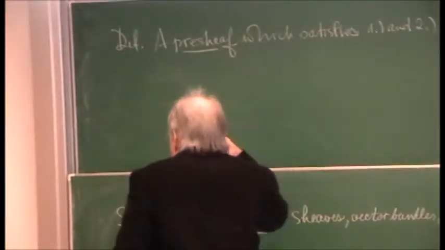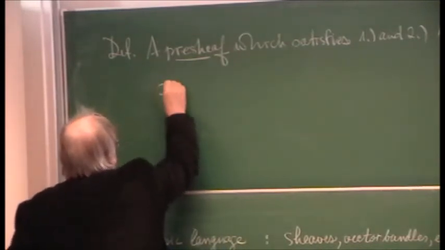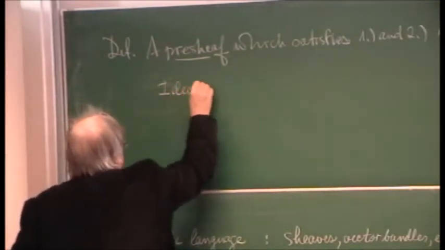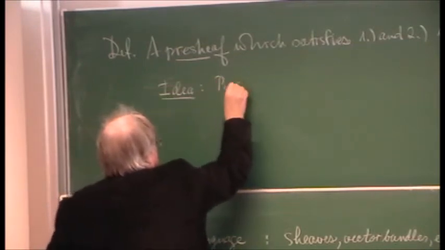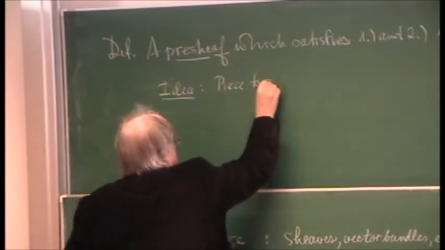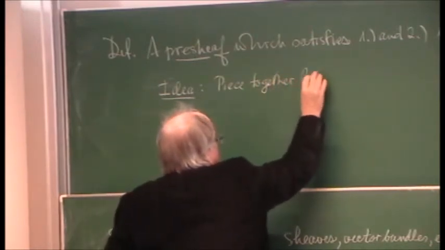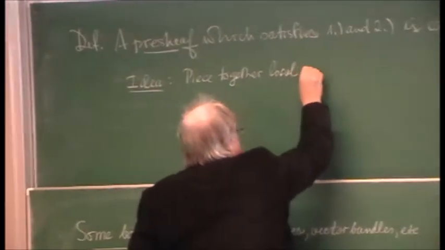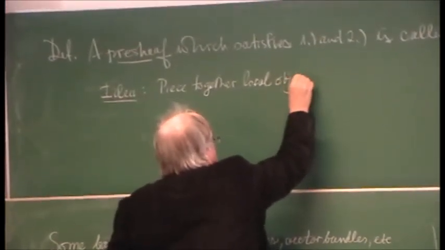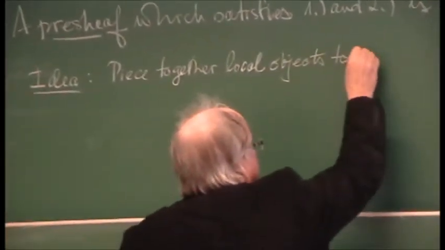You see, the idea is to piece together local objects, using these axioms, of course, to obtain global objects.